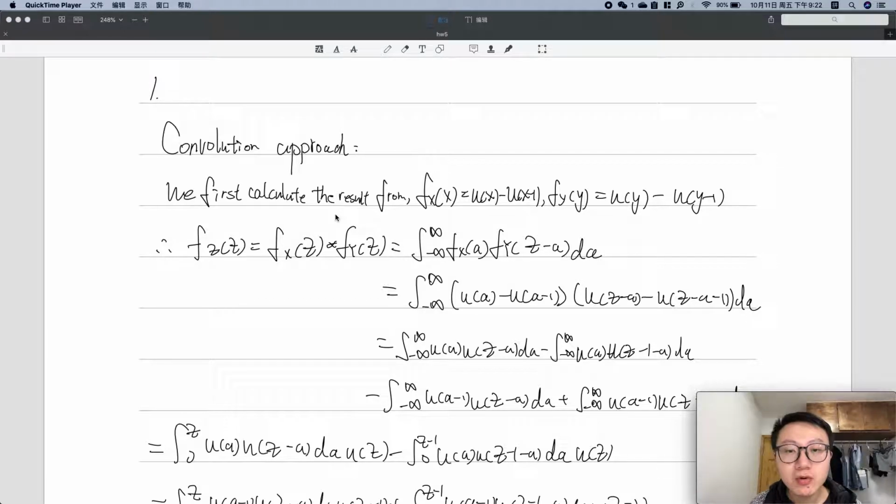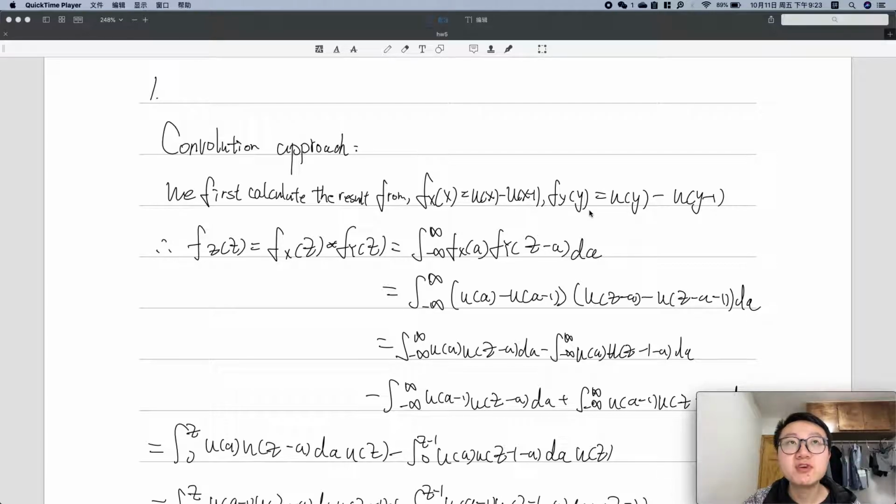As we know the probability density functions of X and Y, but there is some check in the density function of X. So the first thing we need to do is calculate the result from the density function of X using this formula, and the probability density function of Y using this formula.